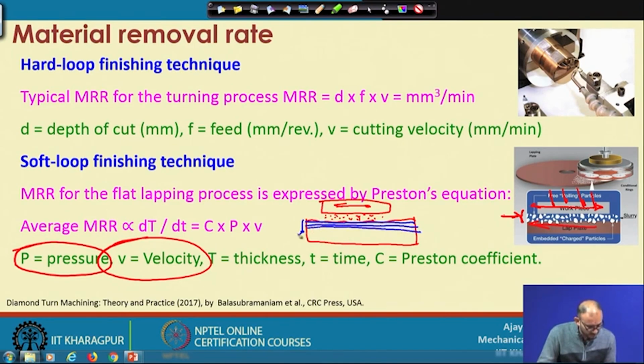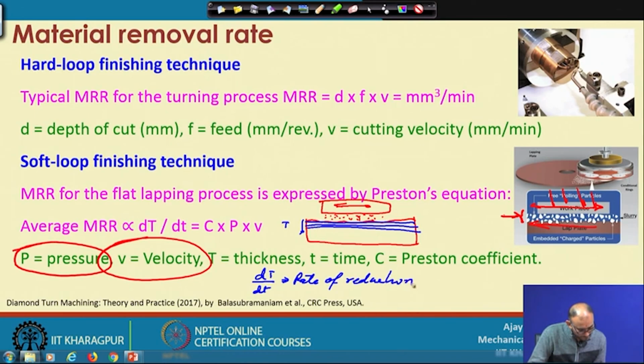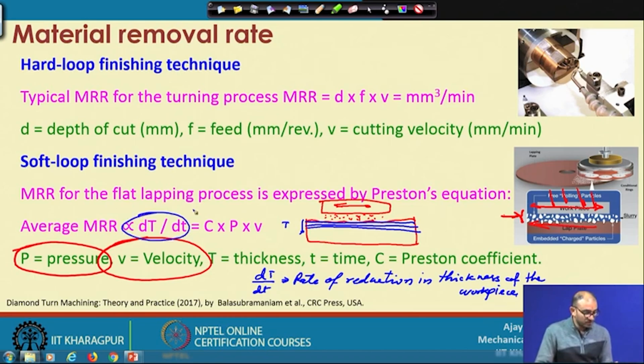So this is the T, and dT by dt is the rate of reduction in thickness of the workpiece. By that way you can find out how much is the reduction in the thickness with respect to time.